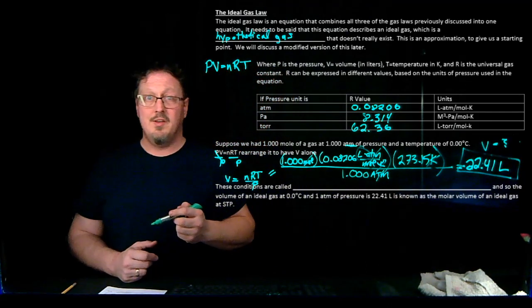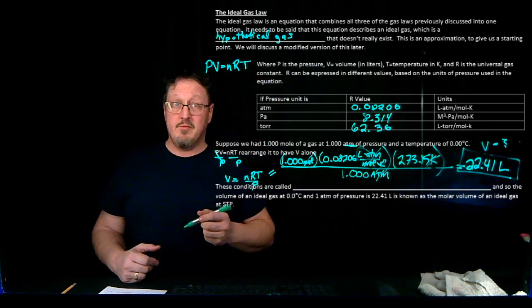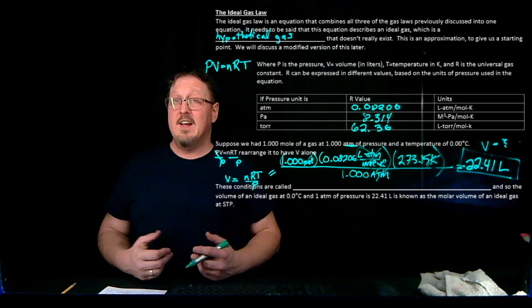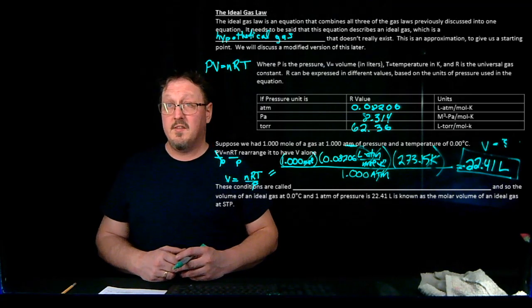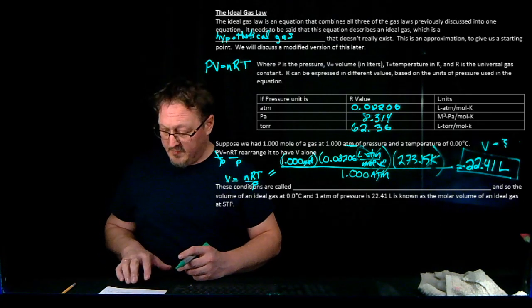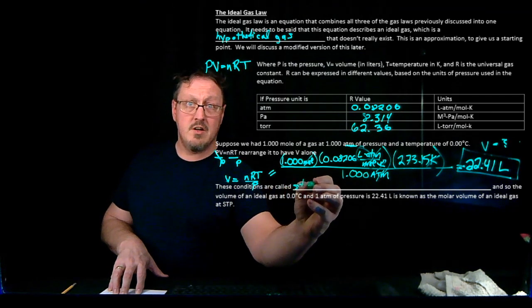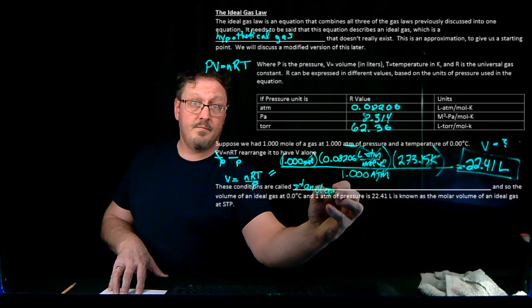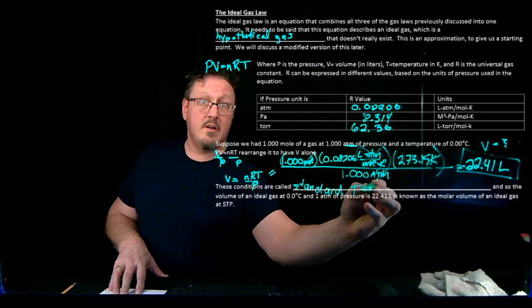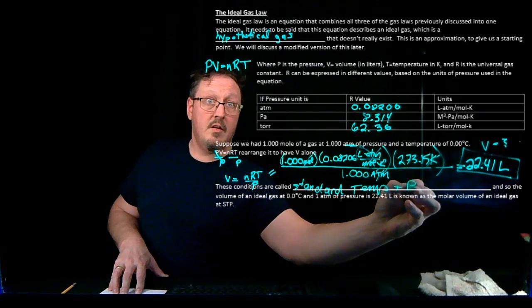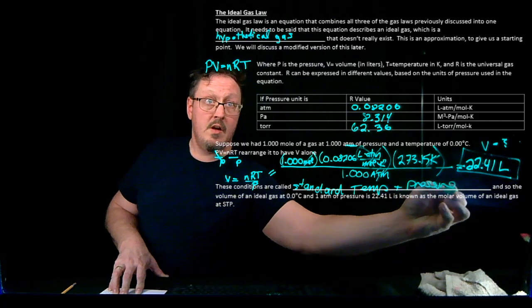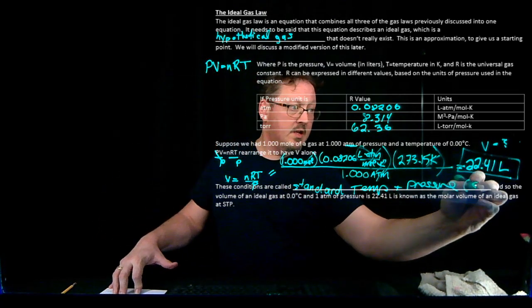That important number represents the volume of an ideal gas under what are known as standard temperature and pressure, which is what we have right now. And so standard temperature and pressure, otherwise known as STP.